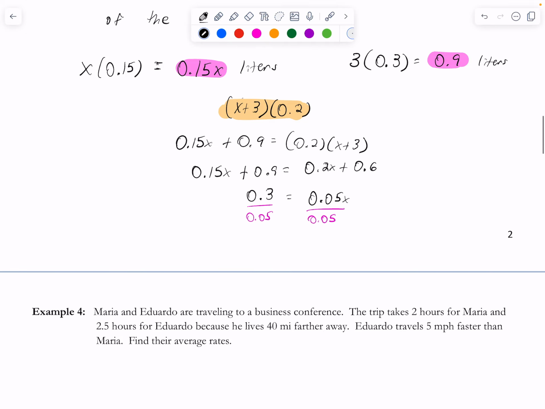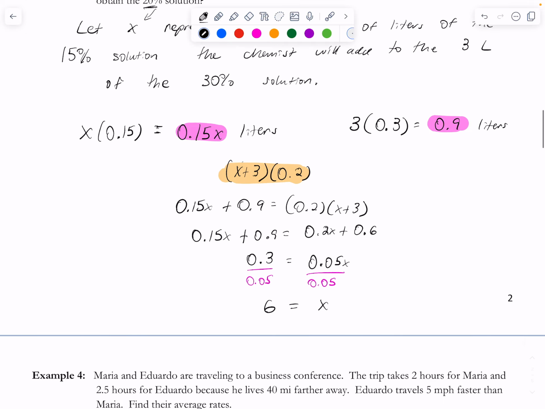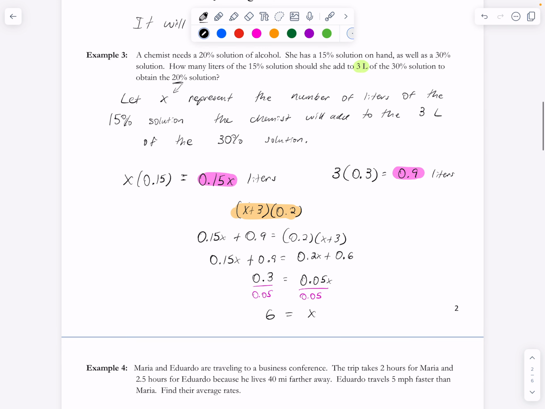You can just do 30 divided by 5, which is 6. So essentially what we're saying is we need to add 6 liters of the 15% solution. If we add that to our 3 liters of 30% solution, that would give us those 9 liters of a 20% solution.